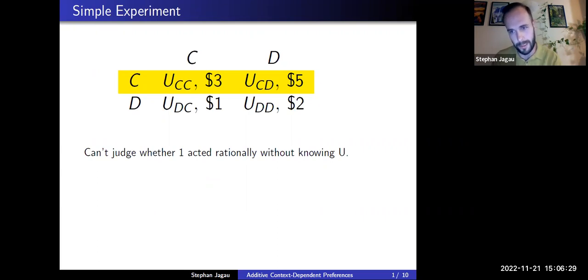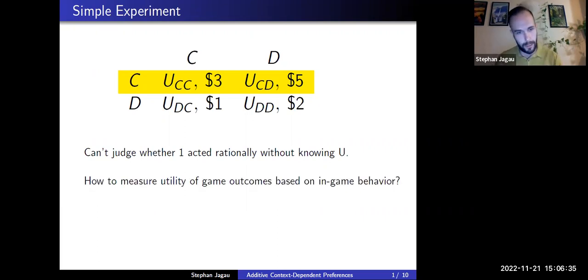If it's not the monetary payoff by itself, we can't really say whether that was irrational or not. So then it becomes a question, how do we actually measure the utility of game outcomes, based on in-game behavior rather than something outside of the game. And well, if you just approach that in a naive way, what's going on?